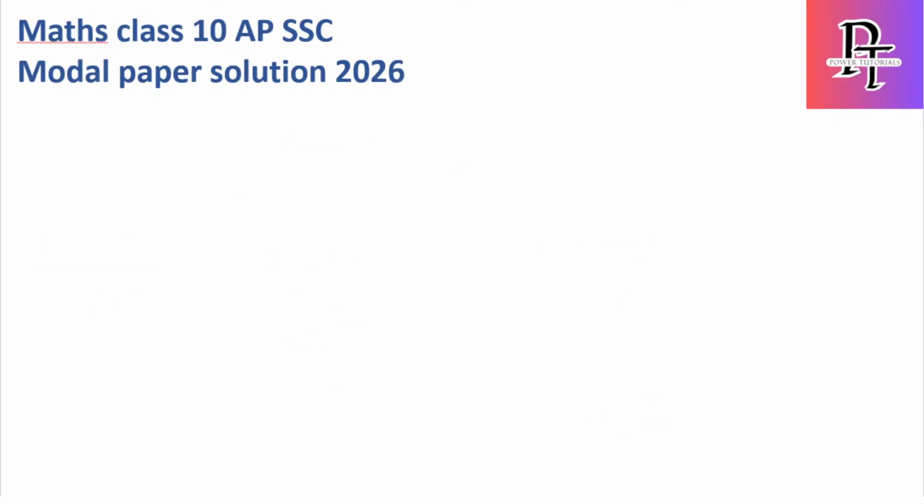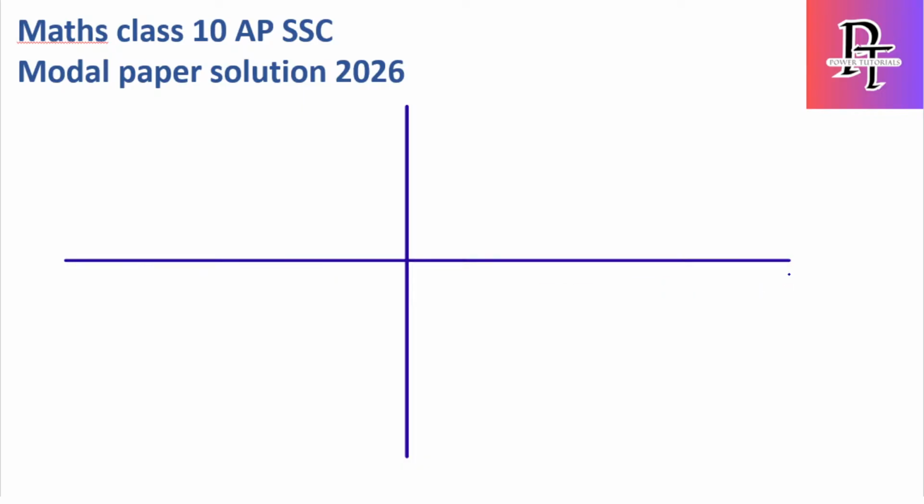Okay, so how to draw in a graph sheet, I'll just give a small example. Suppose this is a graph sheet. First mark the x-axis, which is 1, 2, 3 and so on. Each point will have lines in between, which are nothing but ones, so point 1, point 2 and so on. Same way we have the y-axis, which is the vertical line.